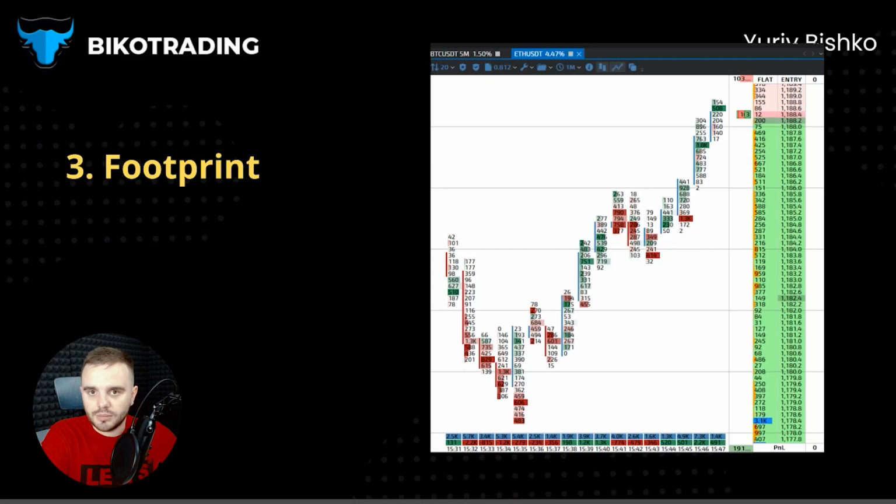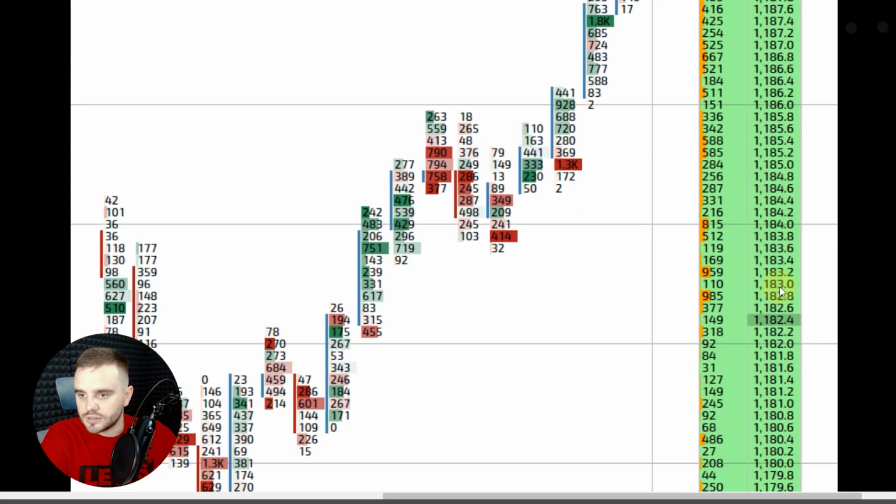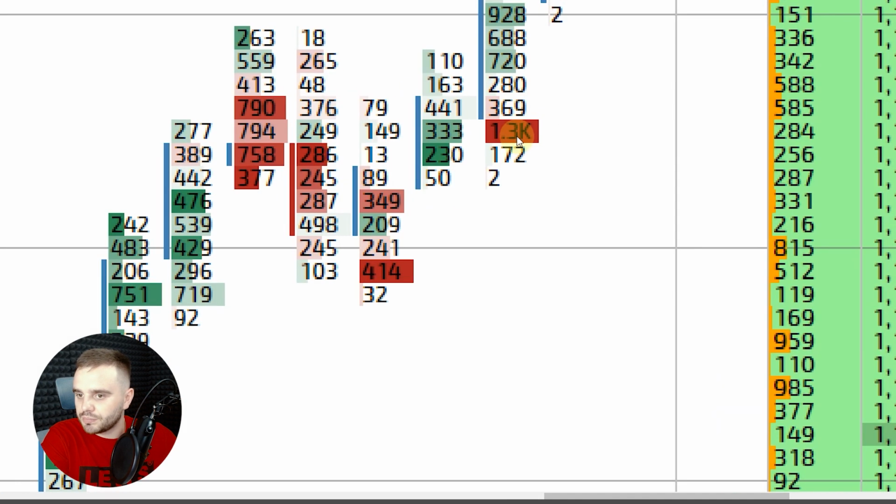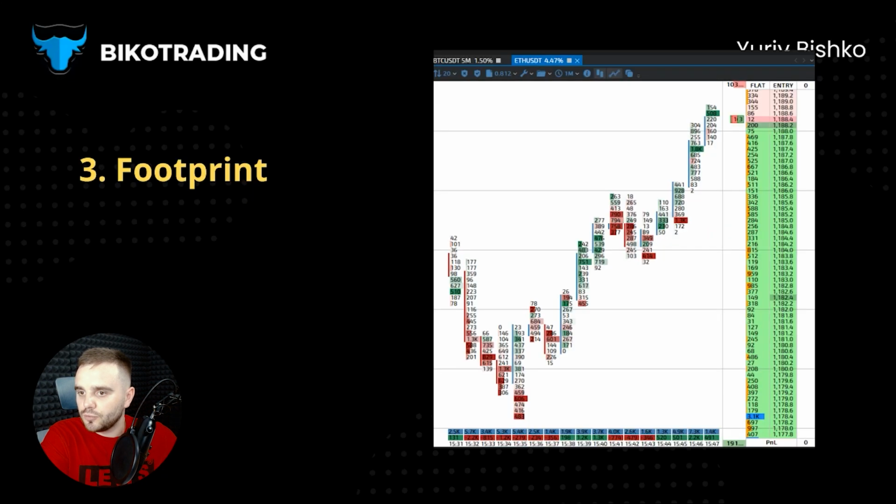The third part of Domain Footprint is the footprint itself. It's also an awesome part because it shows you where people made trades. For example, at this price, at this time, 1,300 Ethereum traded at this price. How can you read a footprint?